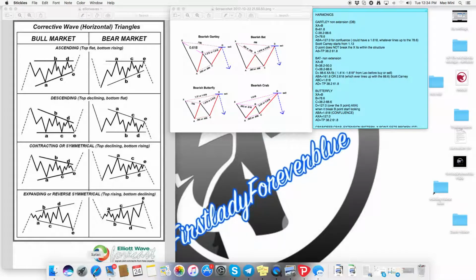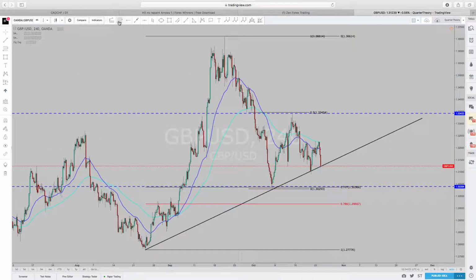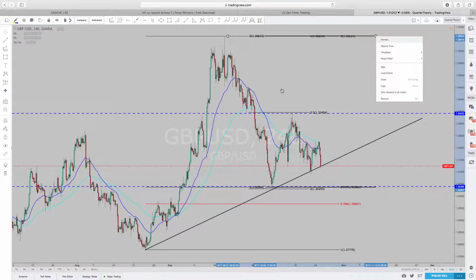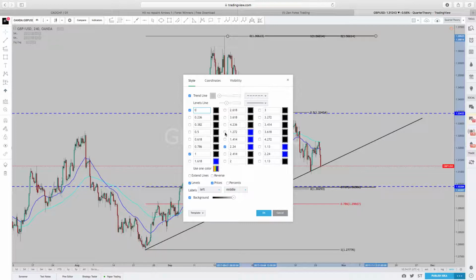And we use an ABA extension for a level of confluence. So A, B, hey, we're looking for 127. And let's see where we end up at.